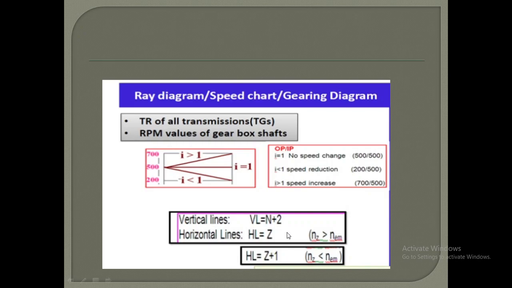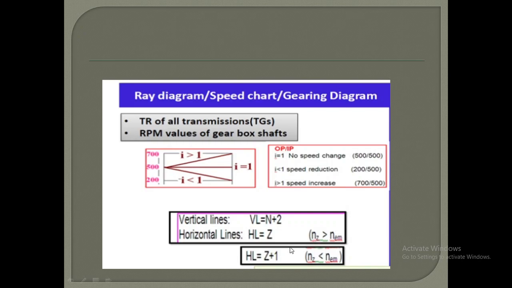Then how to draw this ray diagram? When you draw the vertical lines, you should take n plus 2 lines. N means the number of shafts. If the number of shafts is 2, then you add 2 again, and you will get 4 vertical lines. The total number of shafts is 4, and the horizontal lines are equal to z lines, meaning the number of total spindle speed steps.